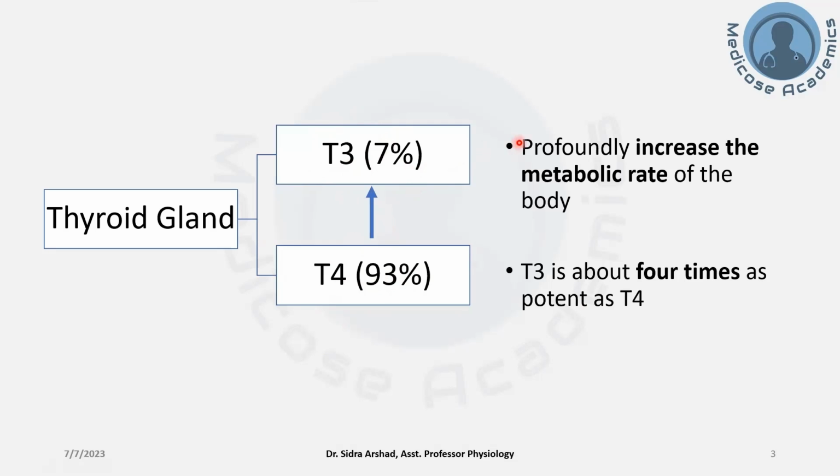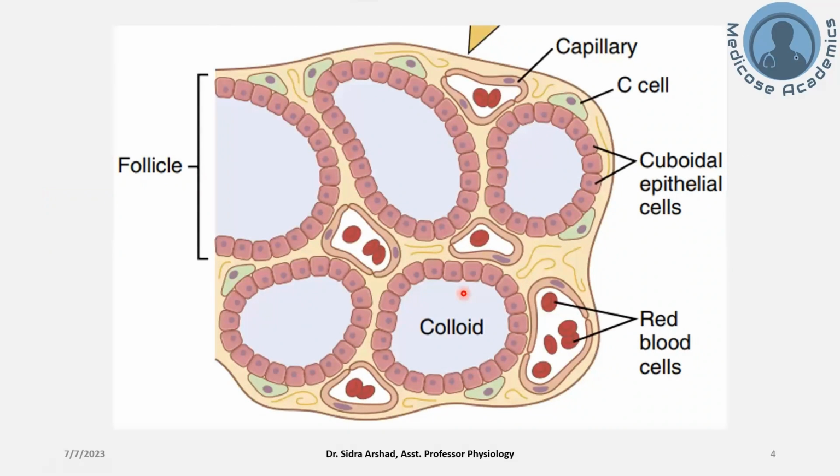In a nutshell, they profoundly increase the metabolic rate of the body. They have a marked effect on the metabolic processes at the cellular level. They tend to increase the metabolic rate of the body. So this is the information about T4 and T3. We are going to see their characteristics one by one, and then we are going to have some features to set them apart.